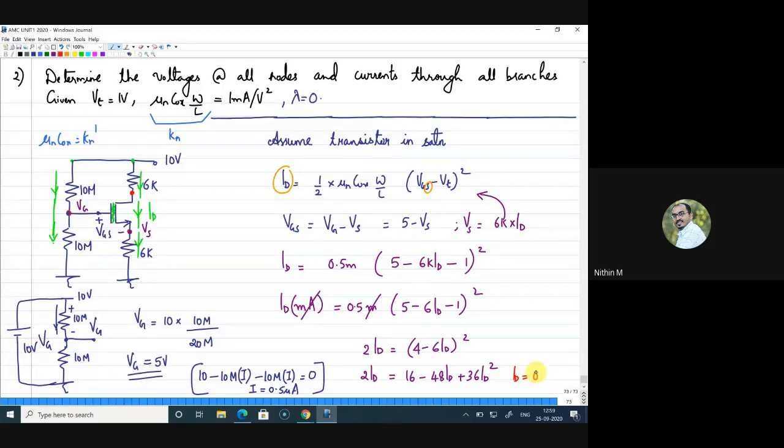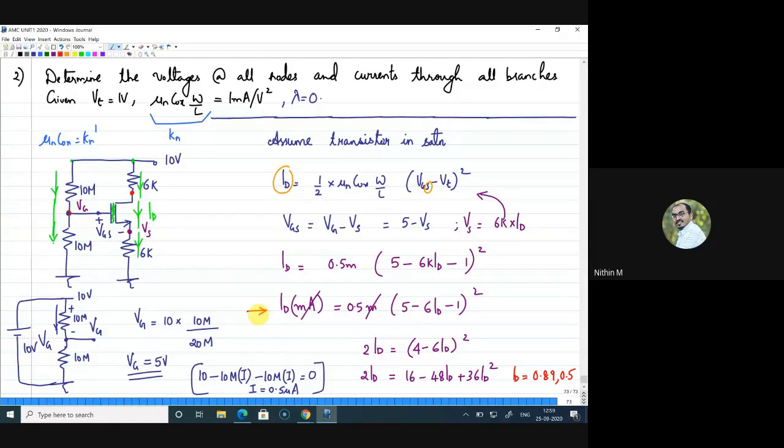ID is 0.89 is one answer and 0.5 is another answer. But it is in milliamps, because here I stated that I am considering ID in milliamps.